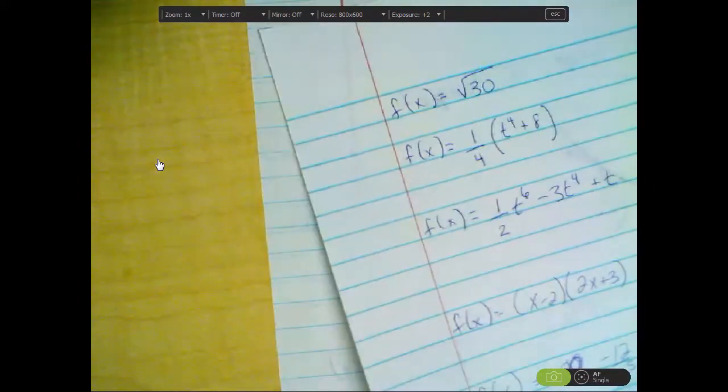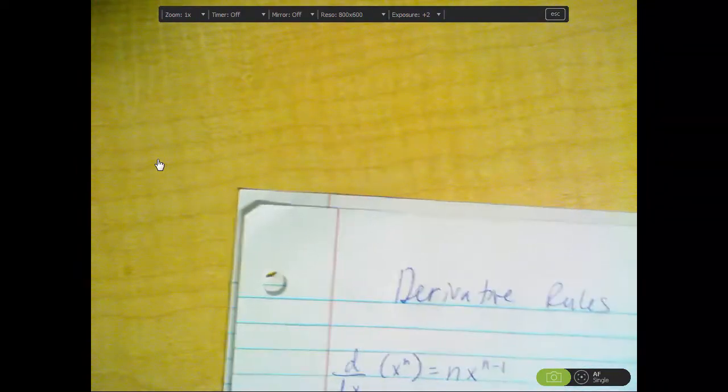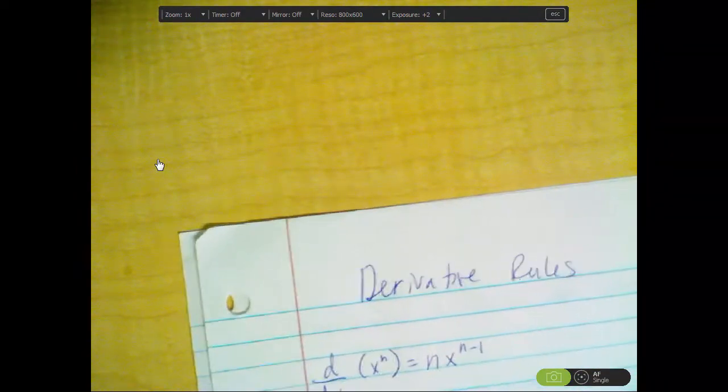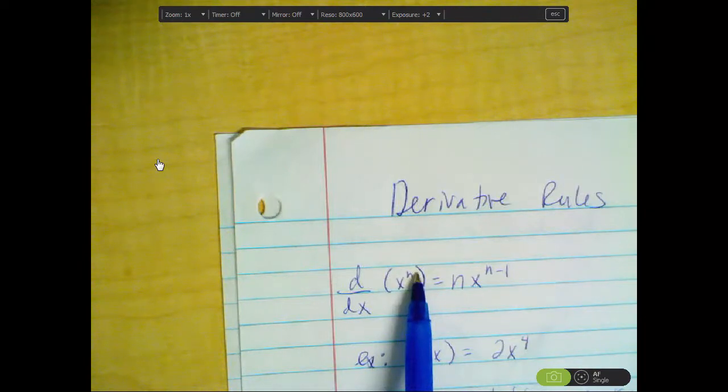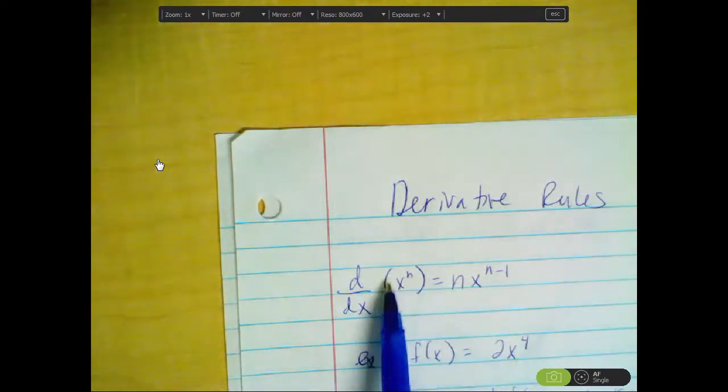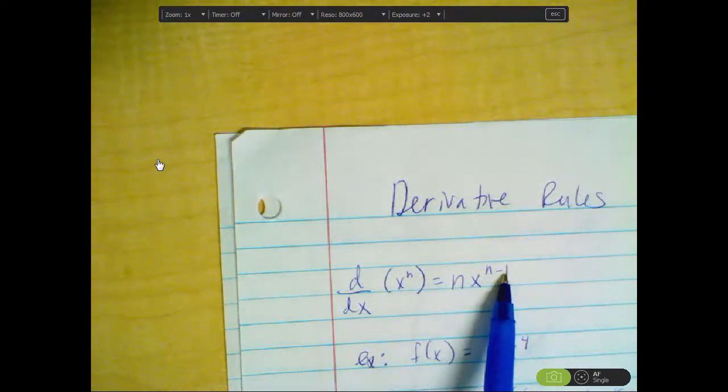Okay, the next rule is the really important one, and this is the one that some of you have kind of figured out as time has gone on, and that is the power rule. The derivative of x to a power is you put the power down in front and then subtract 1 from the power.